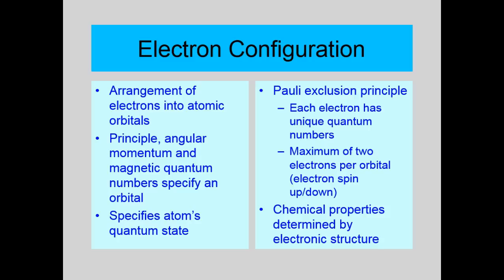And quantum number 1, the principal quantum number, n, equal 1, 2, 3, 4, 5, 6, or 7. Those are the rows in the periodic table. The angular momentum quantum number determines partially what columns they're in. Not totally, but what columns.